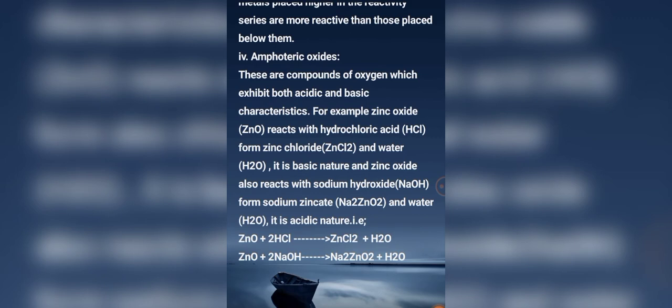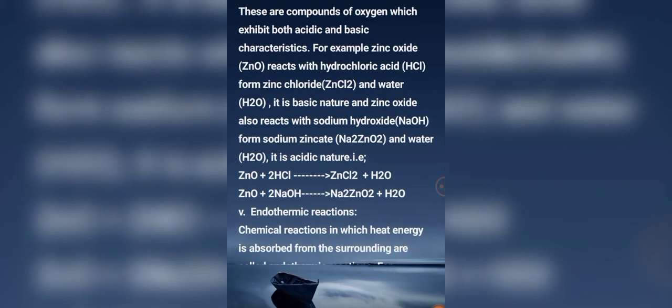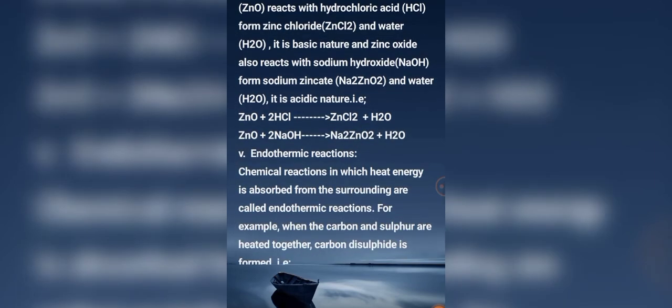That is, the two types of reaction. At first, ZnO plus 2HCl forms ZnCl2 plus H2O. This is the basic part. Next, the acidic part, ZnO plus 2NaOH forms sodium zincate Na2ZnO2 plus H2O. This reaction is balanced. Next part, endothermic reactions.